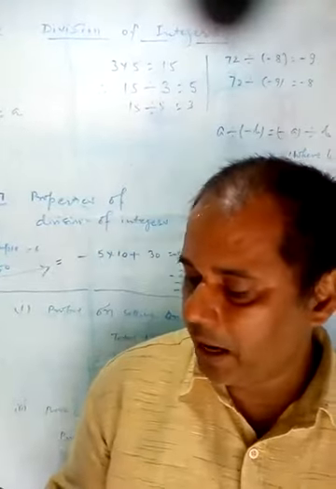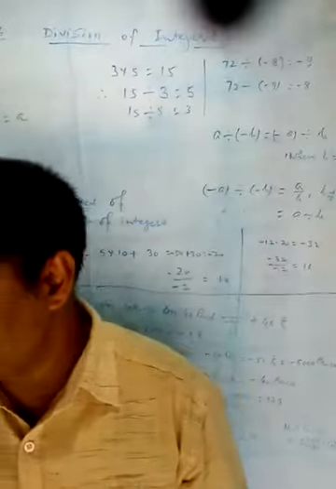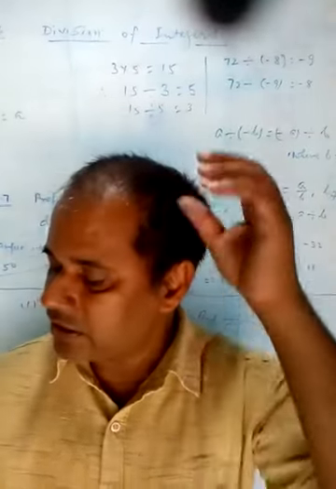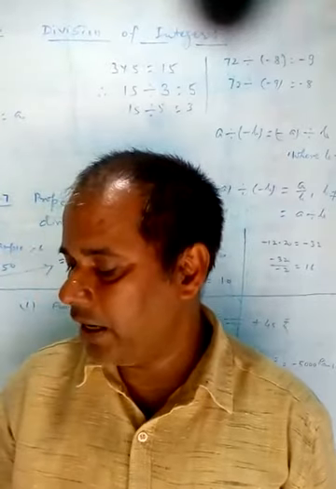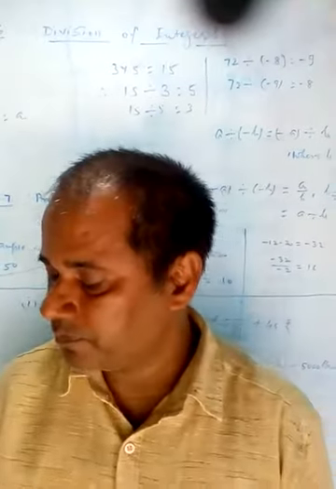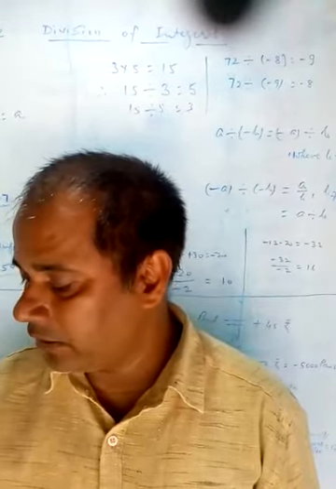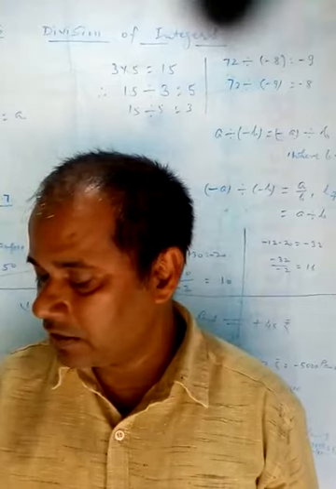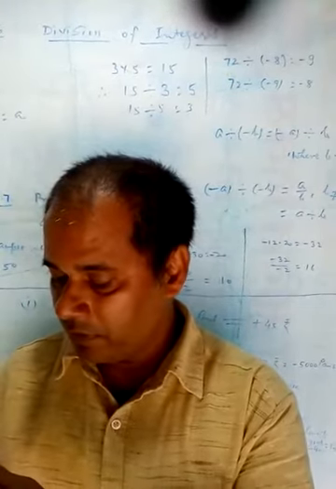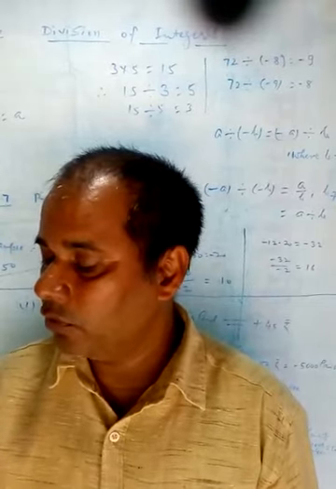Can we say minus 16 divided by 4, divided by minus 2, is the same as minus 16 divided by, in bracket, 4 divided by minus 2? We know that both are equal and have the same value. Likewise for the other questions, both are equal.